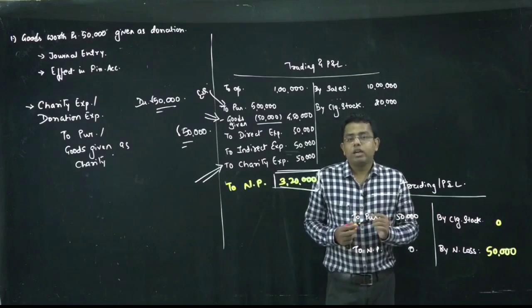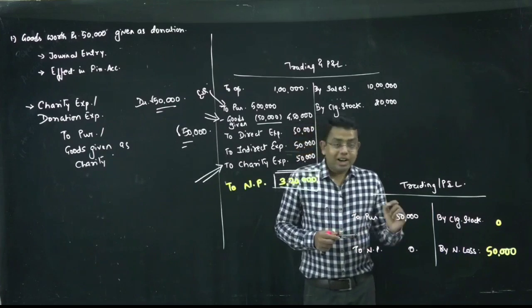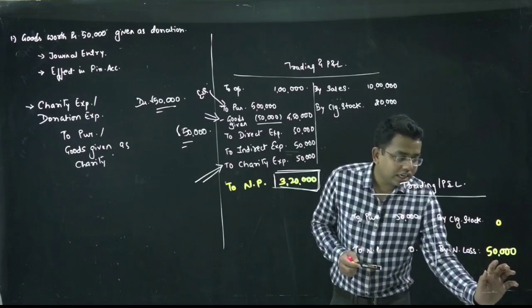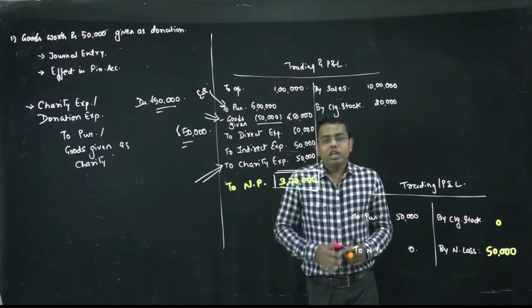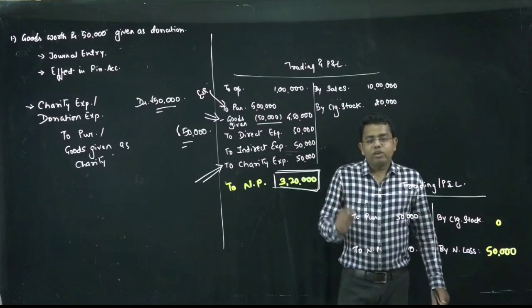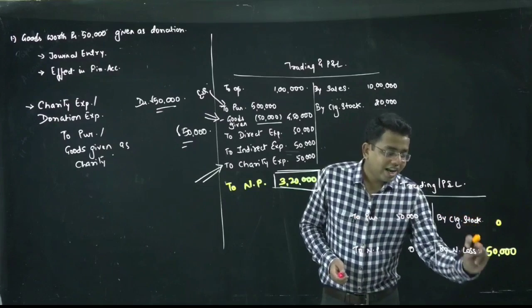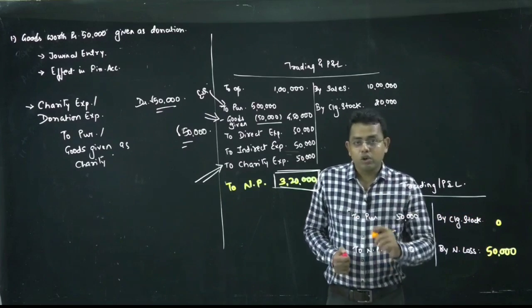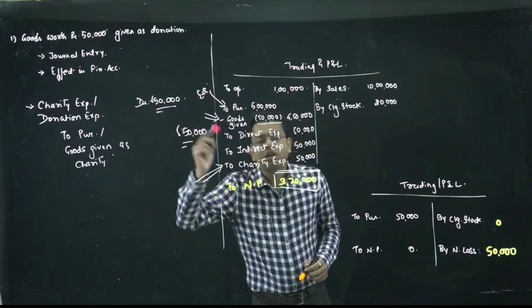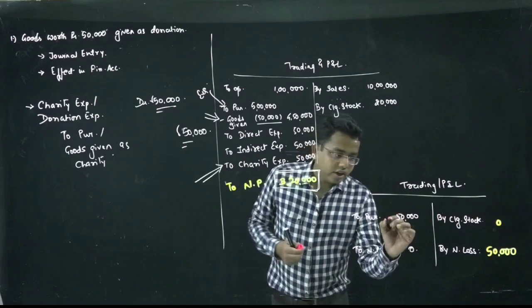My net loss would be 50,000. Do you understand this situation? Now, as I have given something in charity, I am incurring a net loss of 50,000. Sir, you were telling that there is no impact. Please understand, when I have given goods worth rupees 50,000, my closing stock reduces and then I am incurring a net loss of 50,000. But what we are doing with this entry, we have been taught this entry. Please understand what we are doing with this entry.